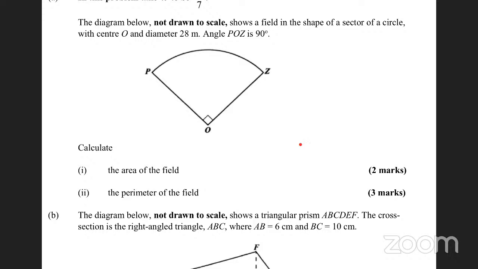If the diameter is 28, then the radius is 14, right? Nice. Question: the angle in the middle is how much? 90, right? So it's how much of a whole circle? One quarter, right? Just remember that.